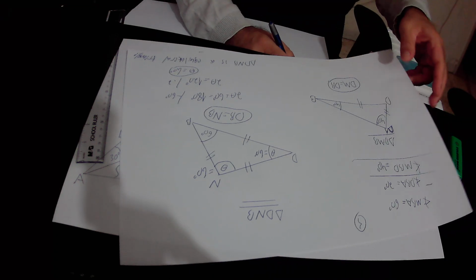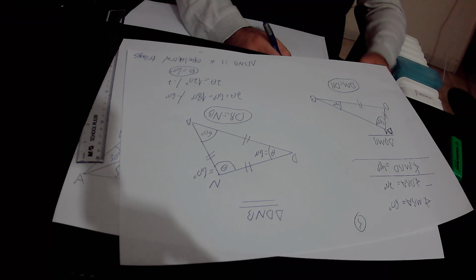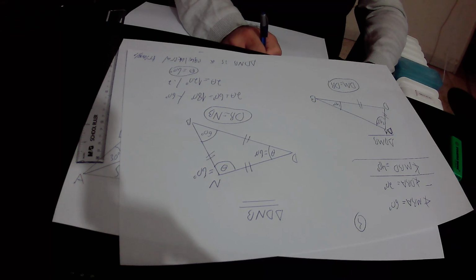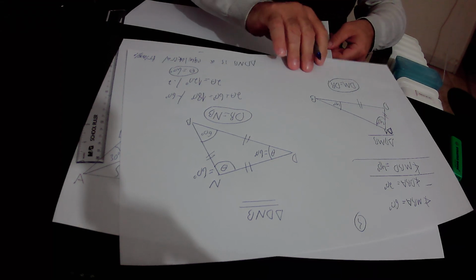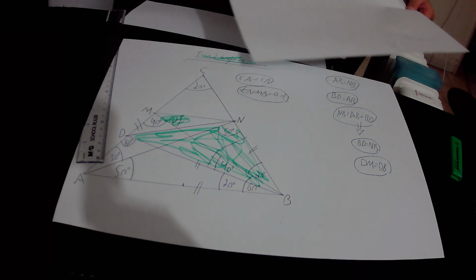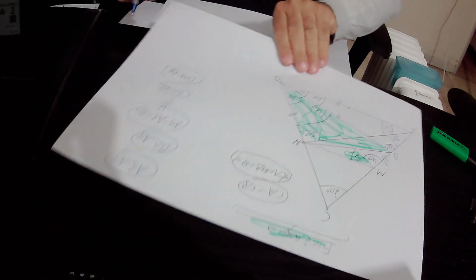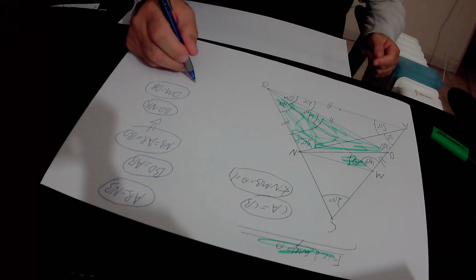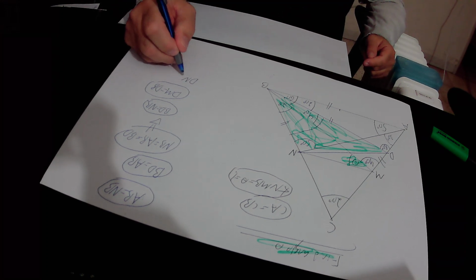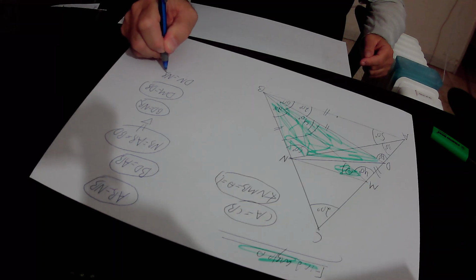Side DN equals side NB equals side DB. So we write it here also: DN equals NB equals DB.